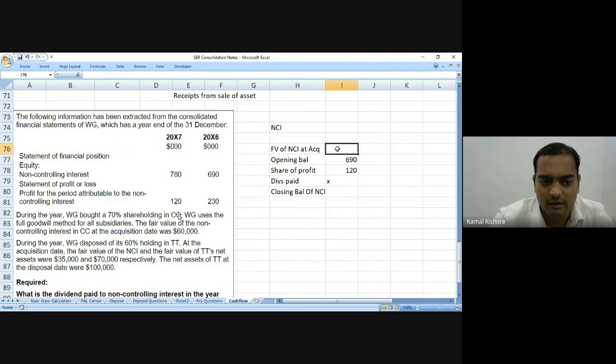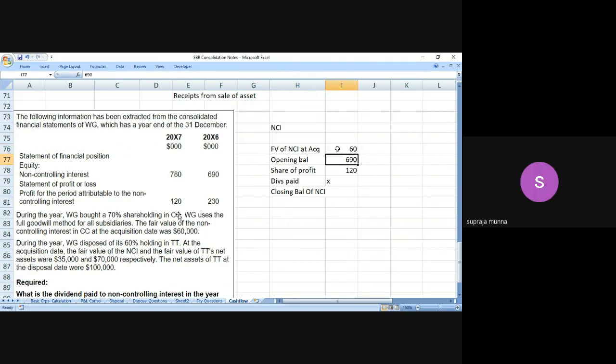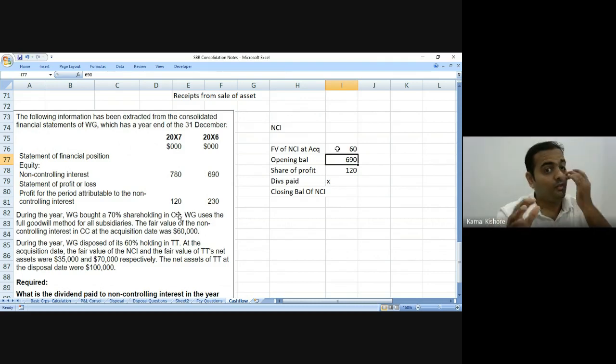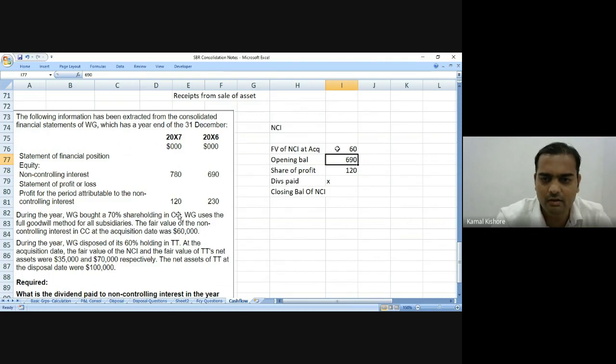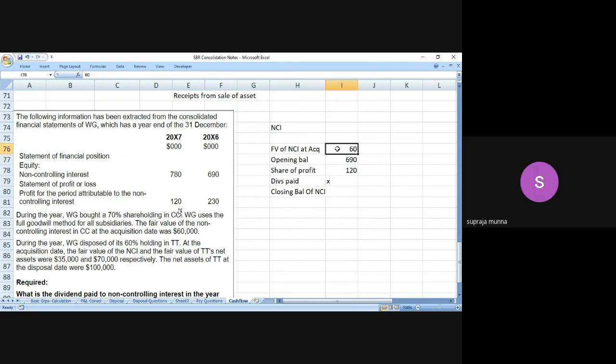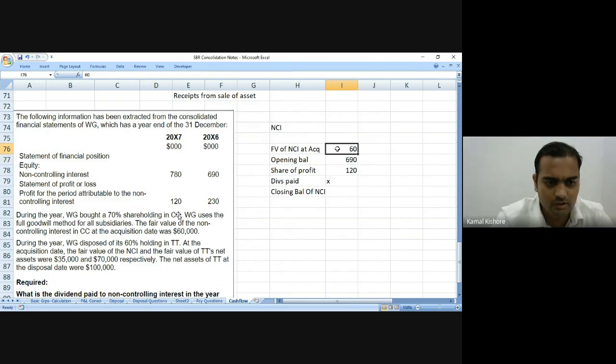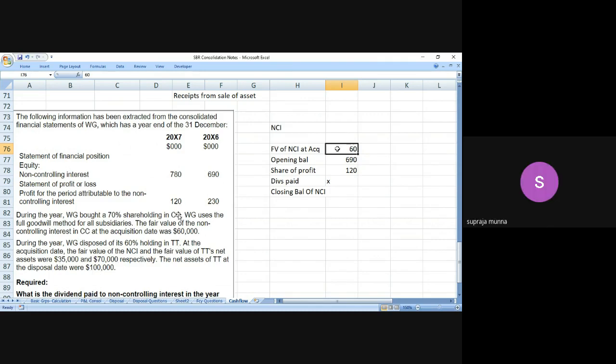Then during the year, another 60 will get added. Think of it as any general ledger: already you had an opening balance, and in the current year you have added 60. Then they are telling us it disposed of a 60% holding in another subsidiary.